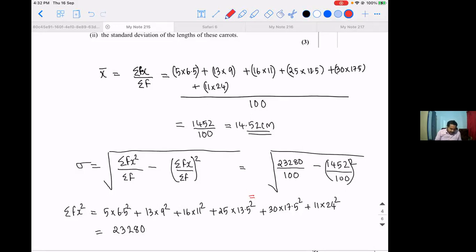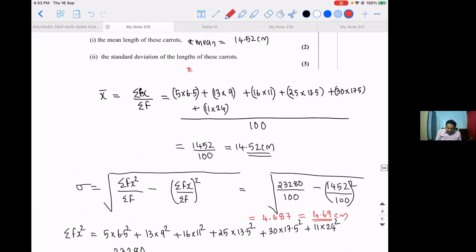Then take the root, and that is 4.687. If you're rounding to three significant figures, say 4.69 centimeters is its standard deviation.